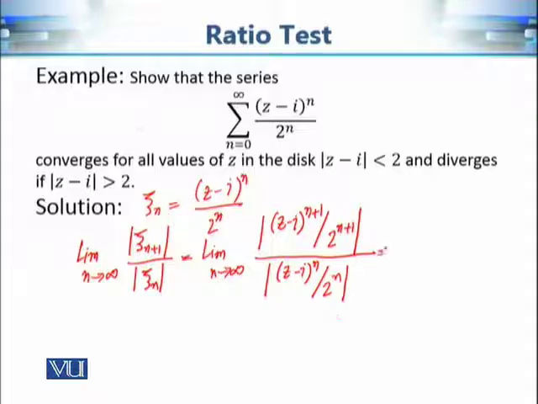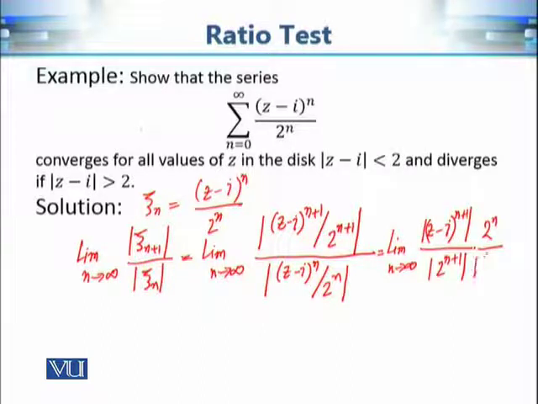Now of course this is going to be equal to the limit as n approaches infinity of the modulus of (z minus iota) raised to power n plus 1 divided by the modulus of 2 raised to power n plus 1, multiplied by 2 raised to power n divided by the modulus of (z minus iota) raised to power n.